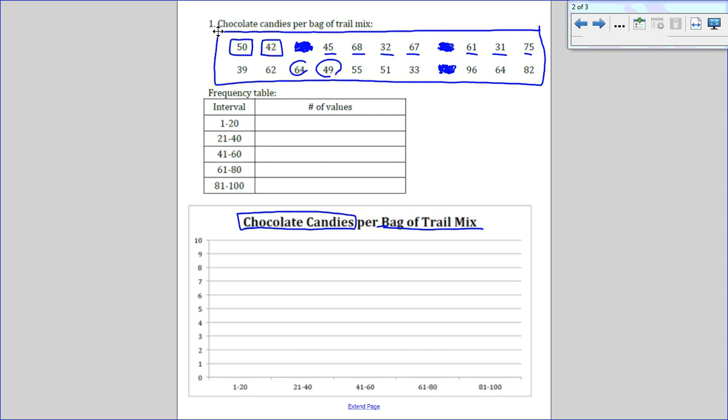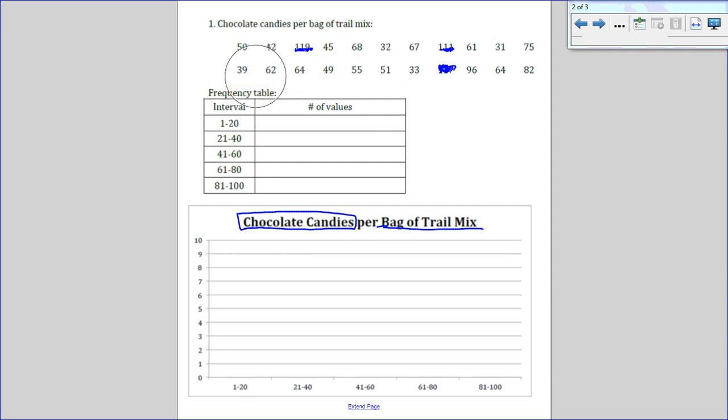Okay, so how do we do that? Well, the first thing we do is we look at each of the numbers. I'll erase all this. So let's look at the numbers that we've got. We're not dealing with these. So we look at 50, and we've broken it down here.